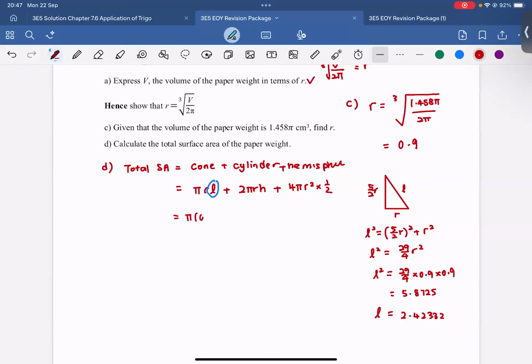Okay, so now we put everything in. Pi times 0.9 times 2.42332, plus 2 pi times 0.9 times the height, which is just divided by 2, plus the hemisphere, 4 pi times 0.9 square times half.